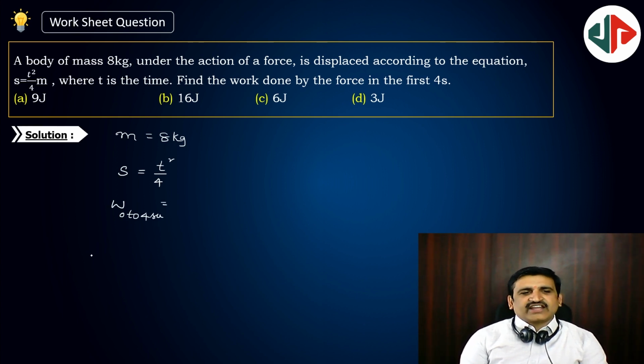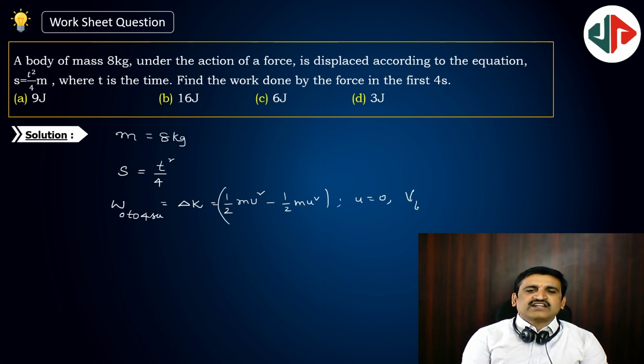Instead of calculating force into displacement, because you have to go for acceleration and then force and then displacement, that's a long process. Have another idea: why don't you go for change in kinetic energy? Yes, change in kinetic energy means half mv square minus half mu square. Of course, initial velocity is 0 here. Final velocity at the end of t equal to 4 seconds, you need to get it. Then you can substitute that in this.